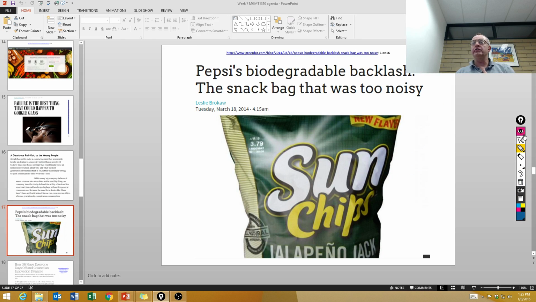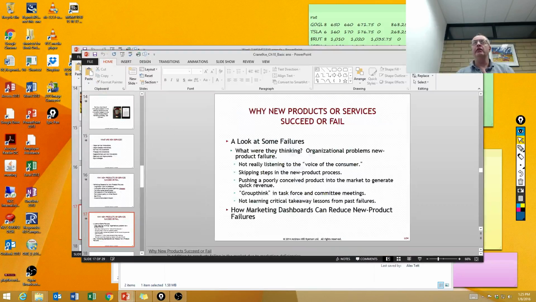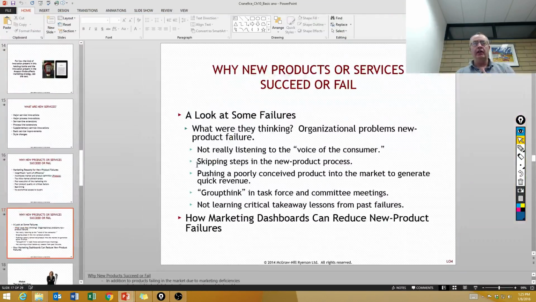Okay, then another reason products can fail due to organization-related reasons as opposed to marketing reasons is that employees can suffer from quote-unquote groupthink. Groupthink is when all the members of a committee start thinking the same way. When you're a member of a team, there are dynamics there, and people want to be loyal to the team.